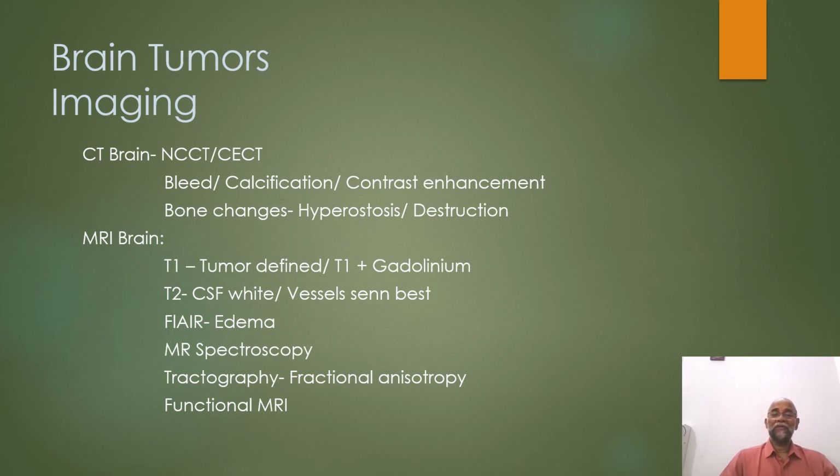There is an advantage here because the vessels are very well seen, so vascular relationships can be identified. FLAIR, fluid attenuation images, help to identify brain edema. MR spectroscopy can show you choline peaks or lactate peaks, which indicate the type of an intracranial lesion.